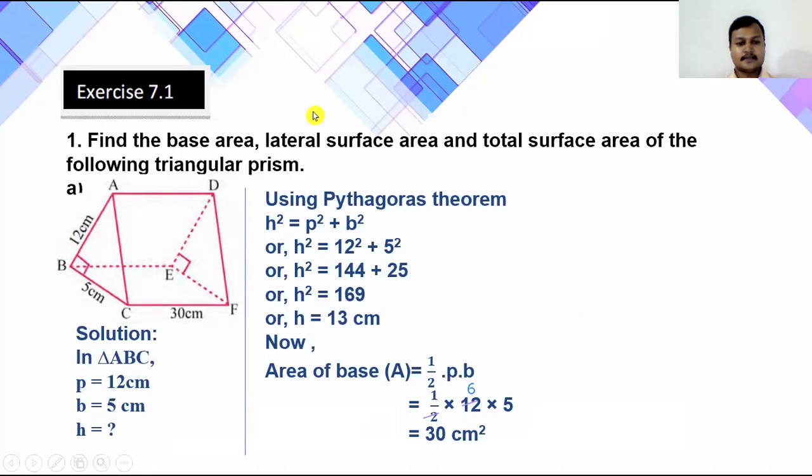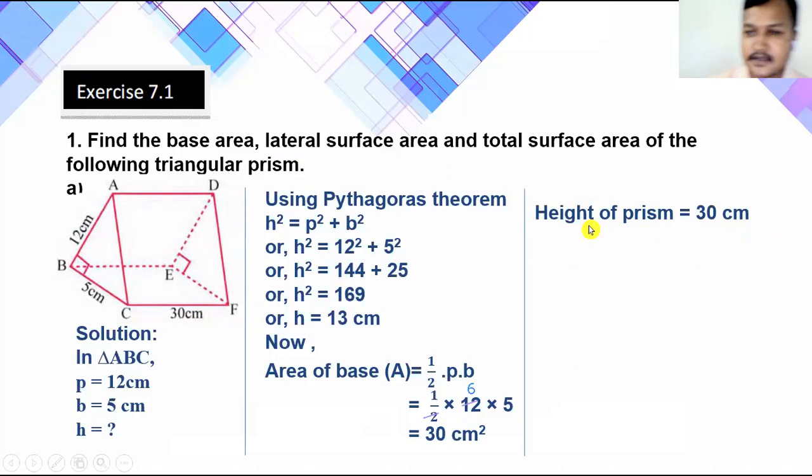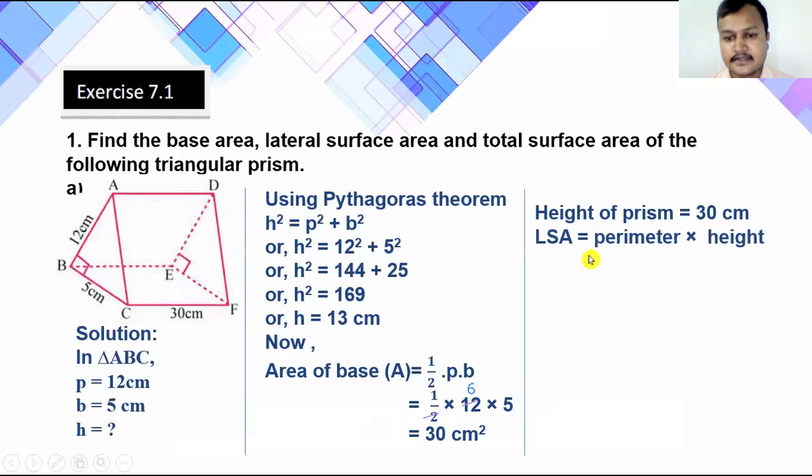And after finding base area, it is said to find out lateral surface area. For lateral surface area, at first let me write height of prism here. Height of prism is 30 centimeter because lateral surface area is equal to perimeter of triangle into height of prism. So perimeter of triangle is the sum of all sides, perpendicular, base and hypotenuse, into height.